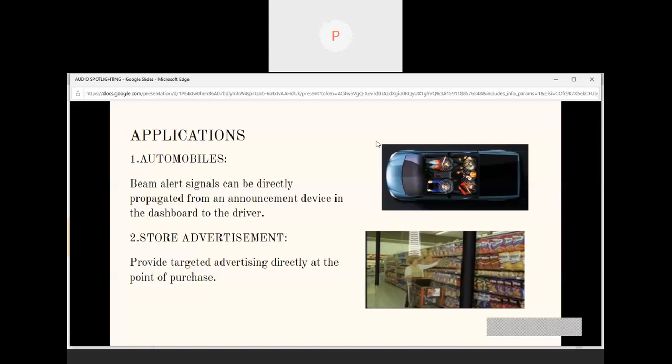Recently, Mercedes-Benz cars are fitted with audio spotlighting speakers so that individual travelers can enjoy the music of their own interest. The targeted or directed audio technology is going into huge commercial markets right now. It provides targeted advertisements directly at the point of purchase, which is very creative and interesting.